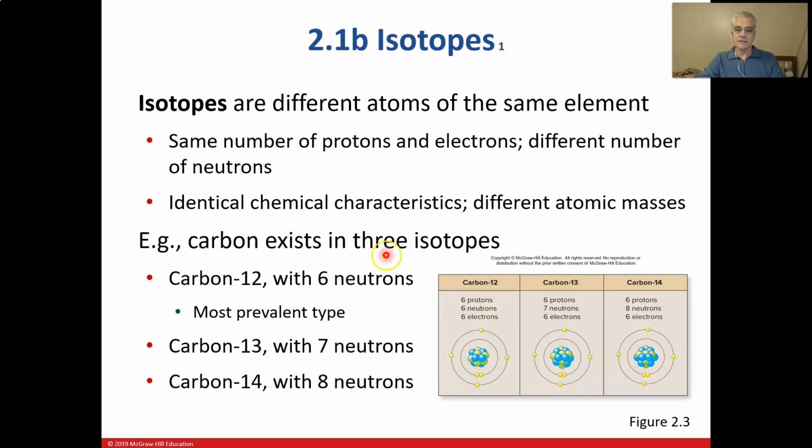All right. Now, an isotope, or maybe you've heard of isotopes, because isotopes are used in medical testing quite a lot, actually. An isotope, and this is the reason that they're used, is because isotopes are what we refer to as radioactive.